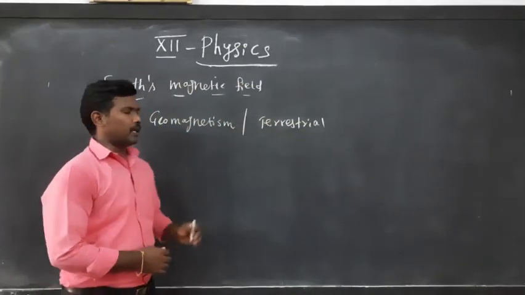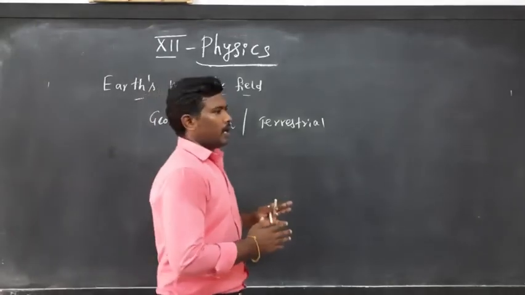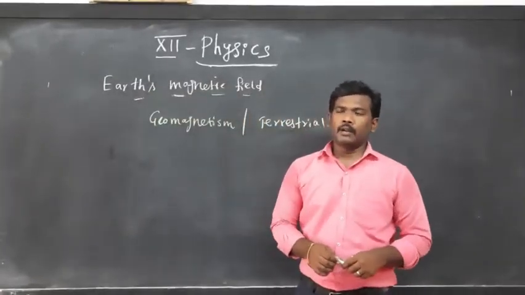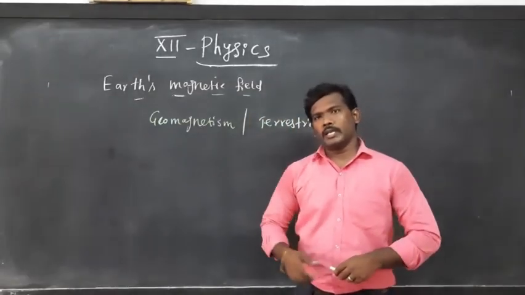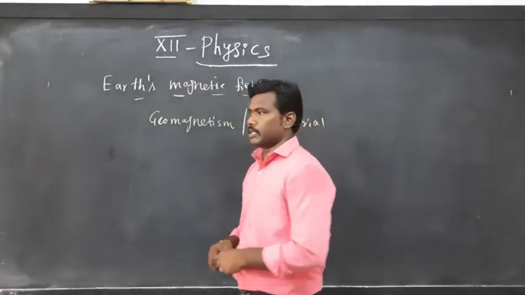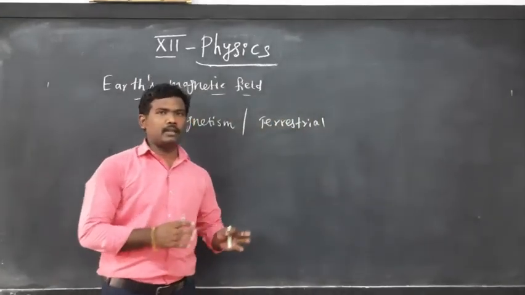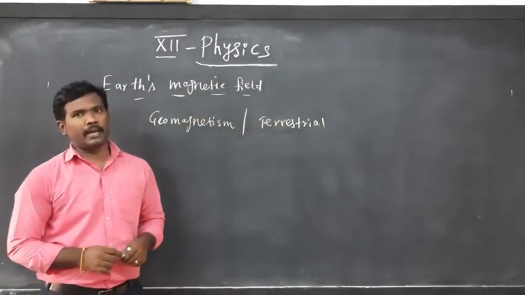Okay. And the next topic: if you want to describe the earth's magnetic field, first of all we are going to see some quantities. That means we are going to see three quantities. These three quantities are the main things needed to describe the earth's magnetic field.